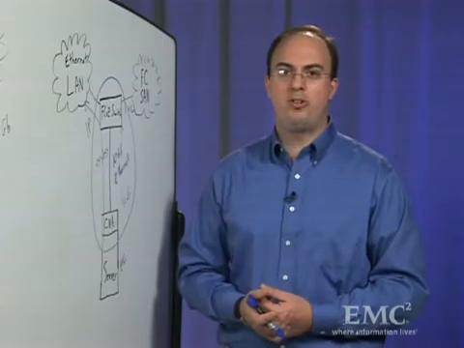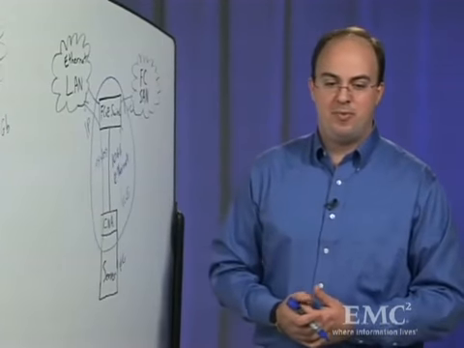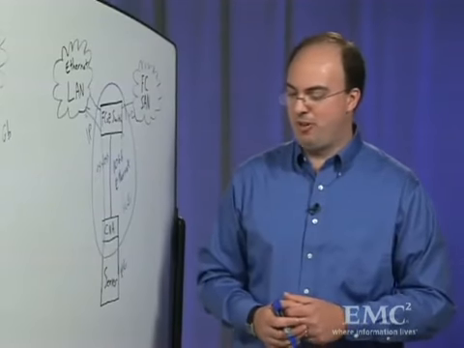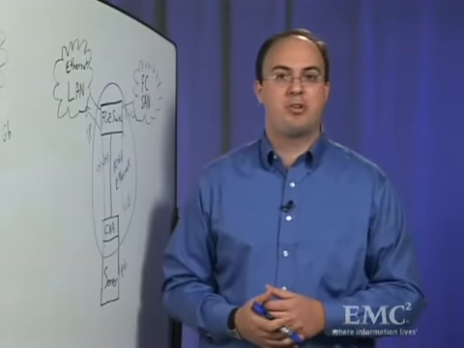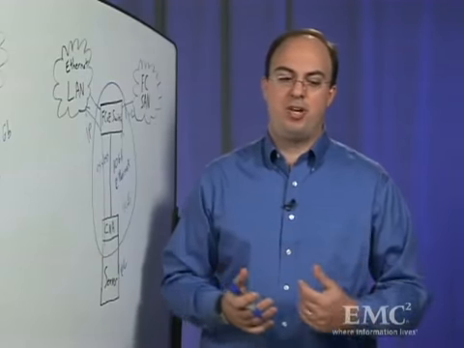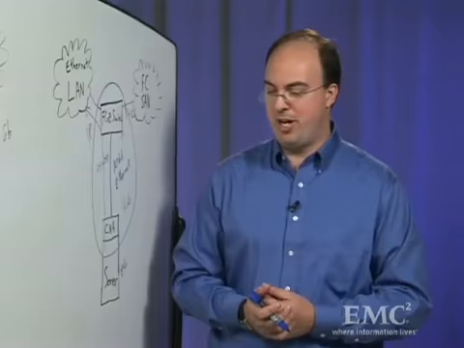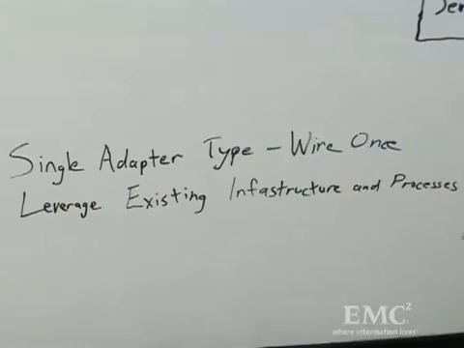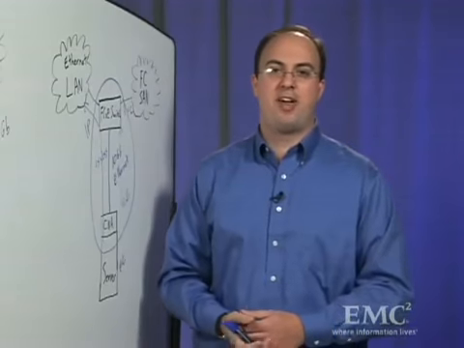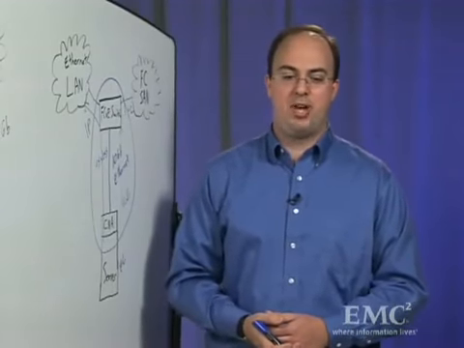So really what we see is FCoE is going to be a natural extension of the connectivity options that we have today, which today include Fibre Channel, iSCSI, and NAS. And we see FCoE as a natural extension to Fibre Channel, where we can install a single adapter type and wire once, and leverage our existing infrastructure and processes so that my network and my storage infrastructures that I have today remain unchanged.